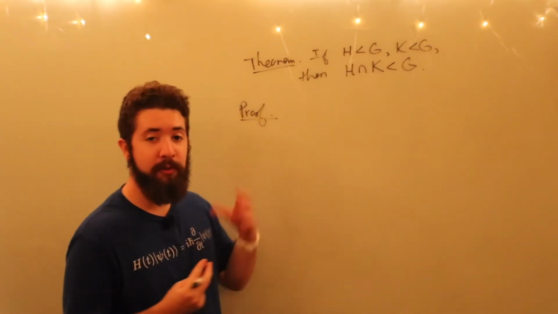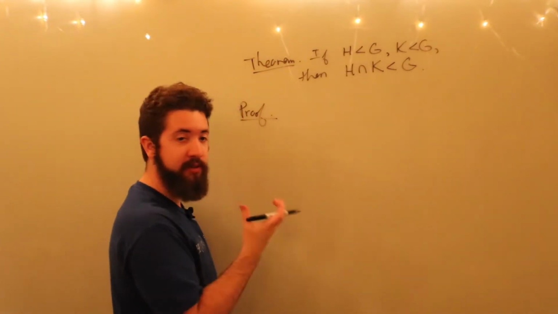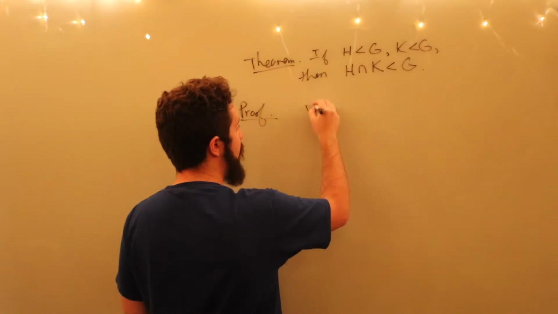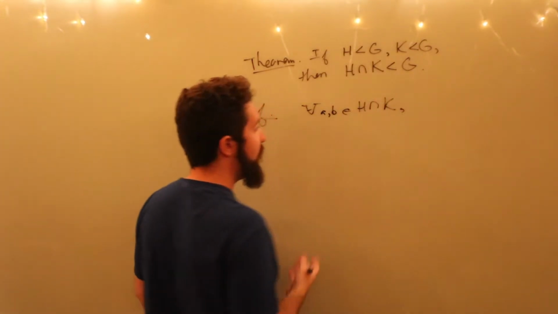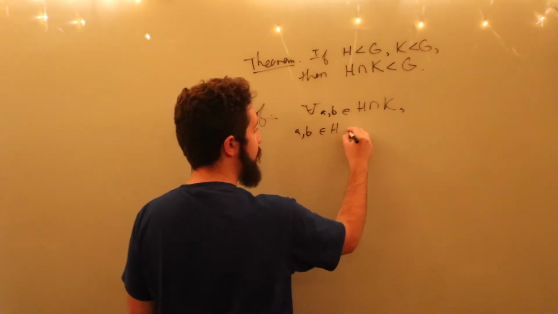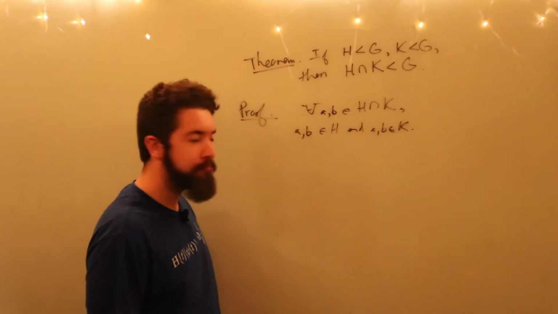So by the subgroup test, we know that since H and K are both individually groups, that for all A and B in H intersect K, by definition this means that A and B are in H and A and B are in K, right?